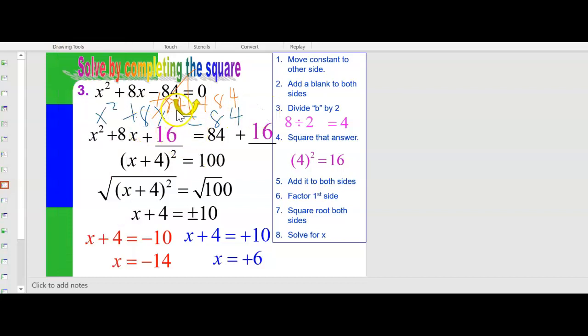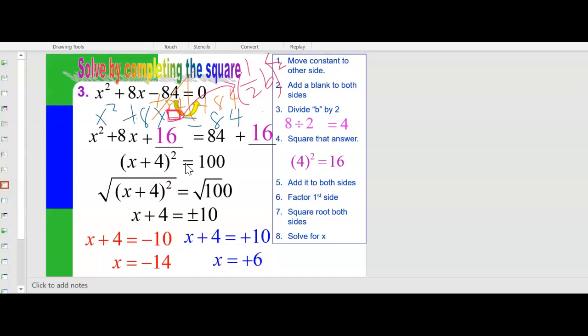And then on the left side, you want to create a single number in the third term place. Okay? How are you going to create it? It is 1/2 of b squared. So what is your b?